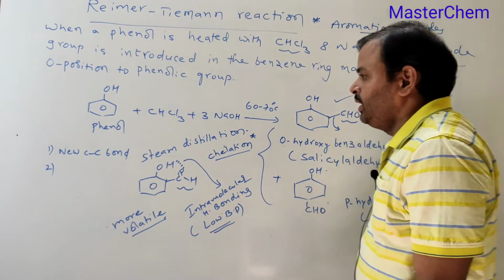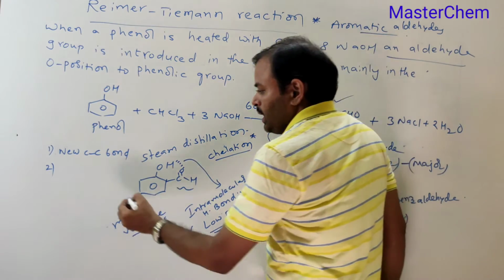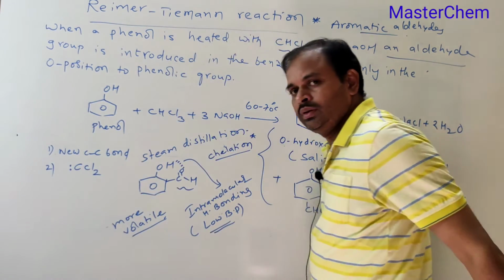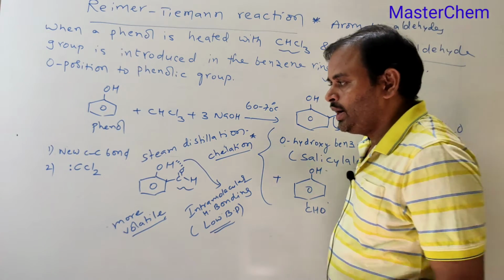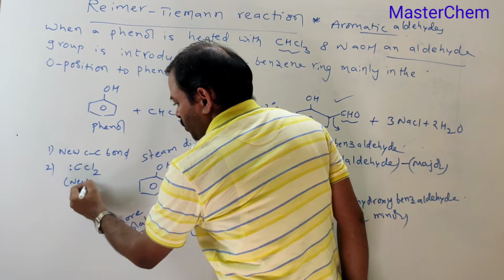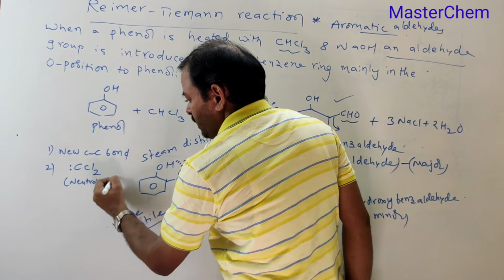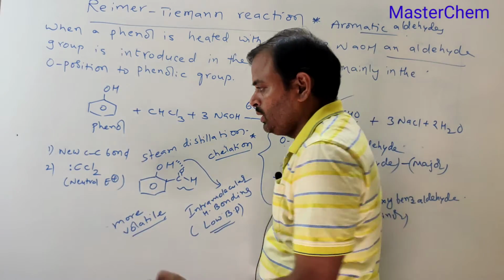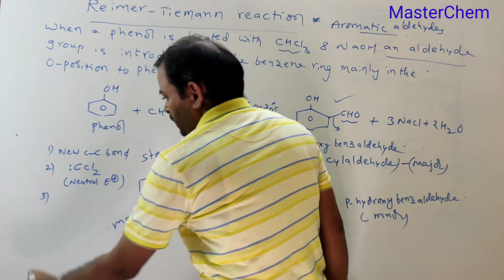Second, dichlorocarbene is the intermediate. This is a neutral electrophile. We will discuss that later in the mechanism; these are just important points I am quoting here.